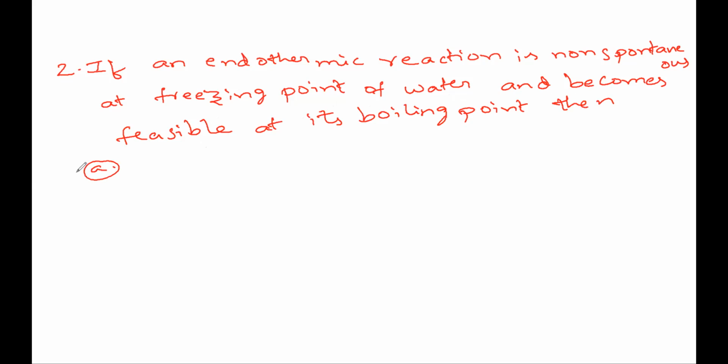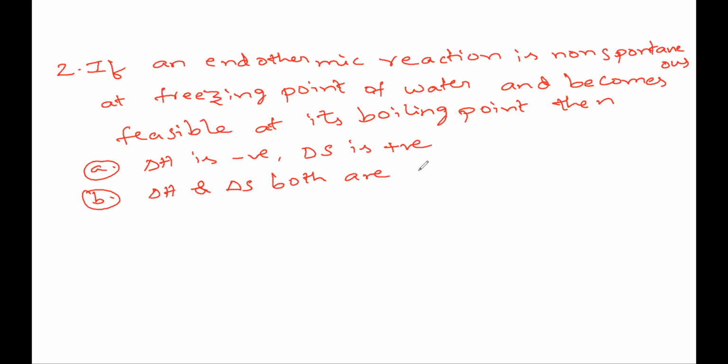Option A, delta H is negative, delta S is positive, that is change in entropy is positive. Option B, delta H and delta S both are positive.